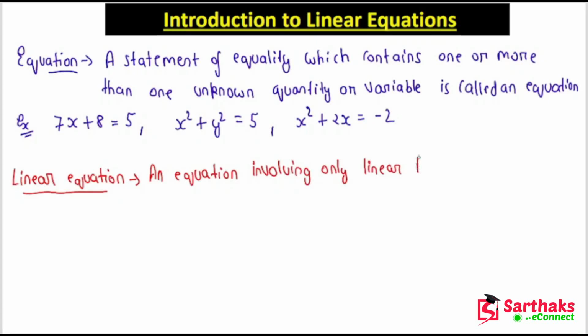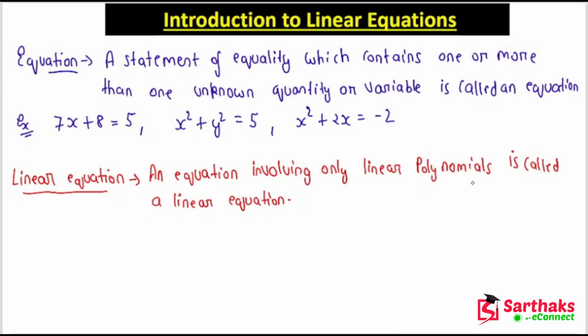We are going to talk about them in this lecture, but for the time being, an equation involving only linear polynomials is called a linear equation. Okay, so an equation involving only linear polynomials is called a linear equation, right? Now what do we mean by the word linear? The word linear means one.